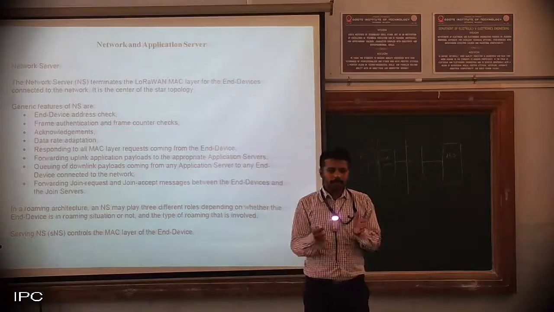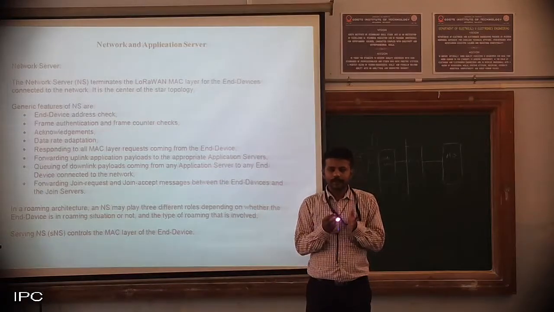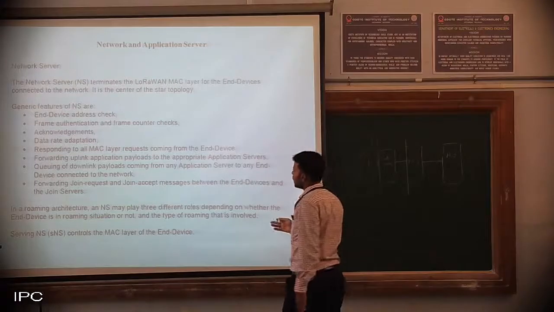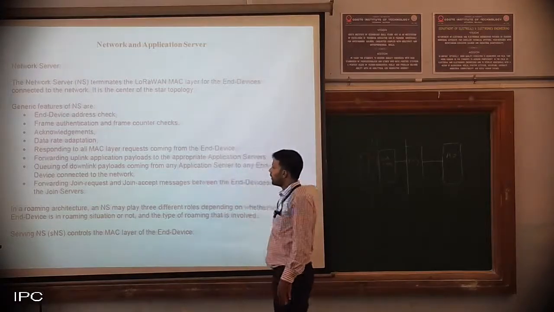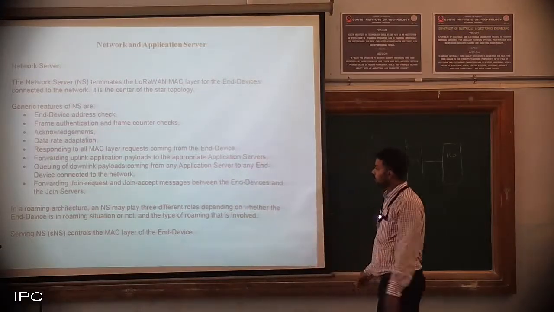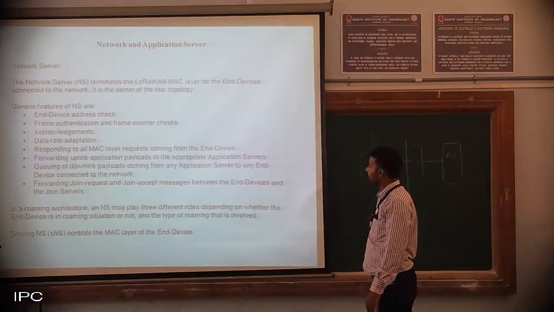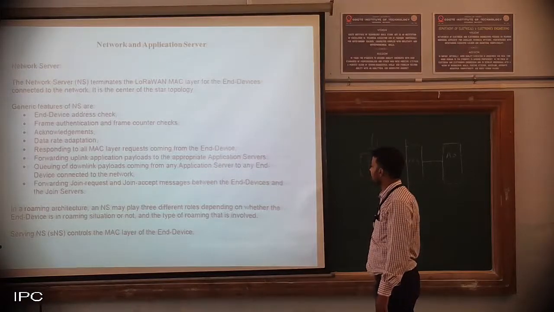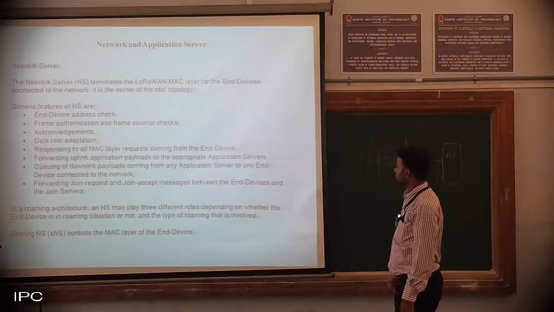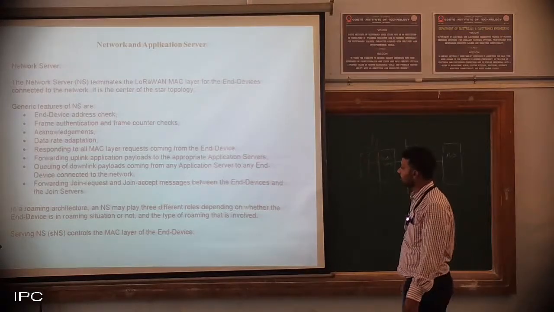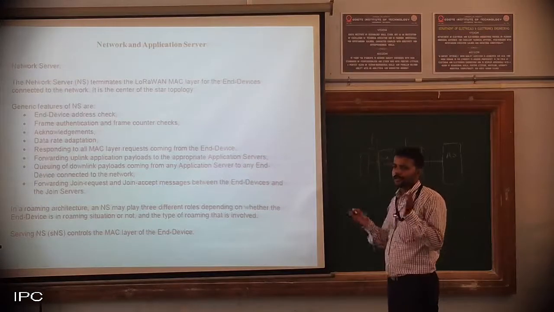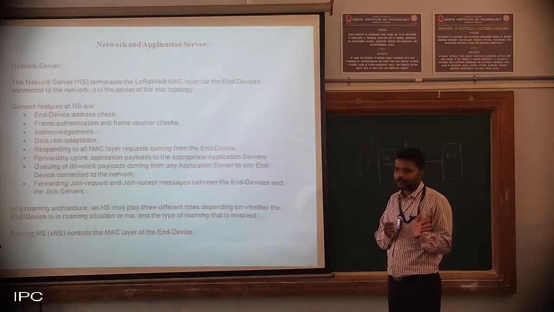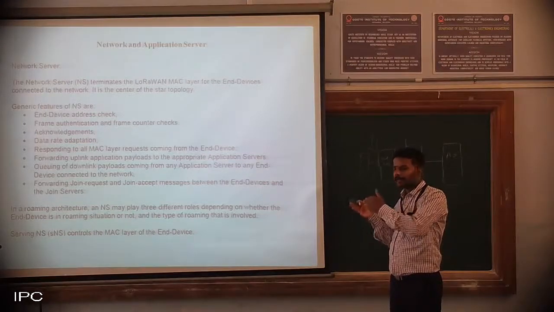Whatever data the application layer requires, it will be sent from the network server. And then queuing of downlink payloads coming from any application server to any end device connected to the network. Downlink information or downlink commands are always given from the network server.